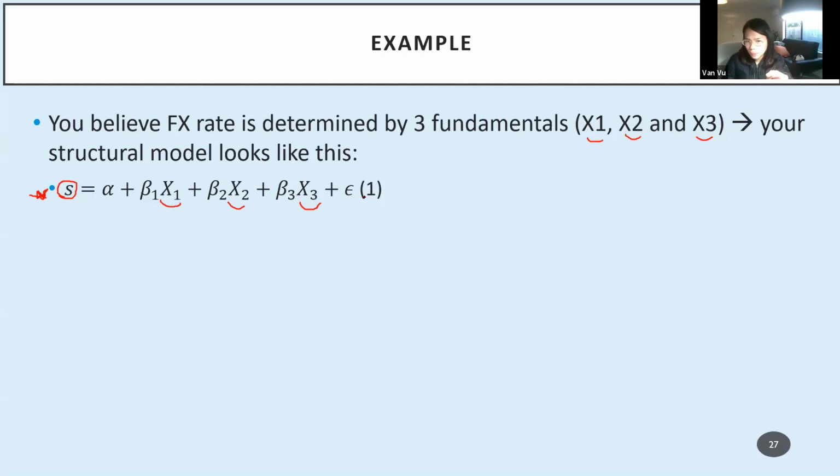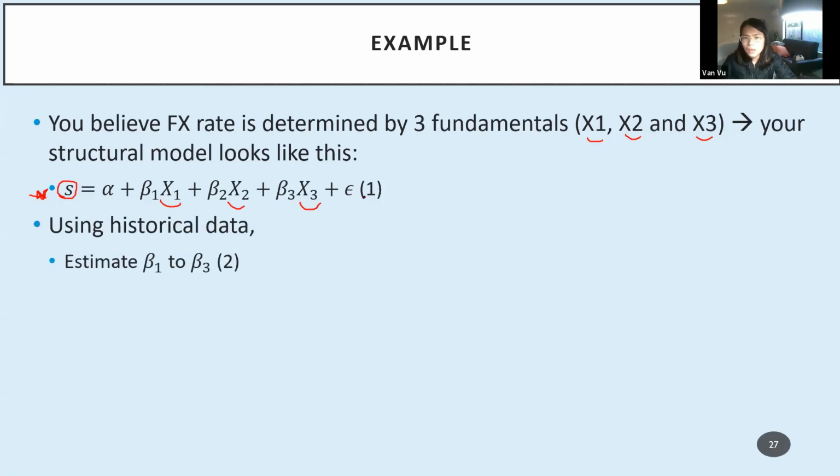This is my structural form. Next, I'm going to have to estimate the parameters for the regression. So using historical data, I'm going to estimate the intercept and the coefficients for each of the variables in my model, okay?